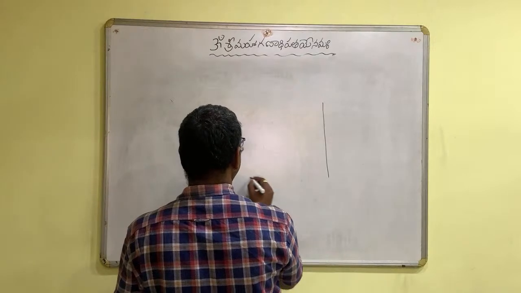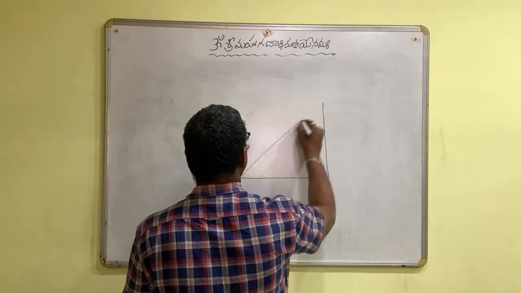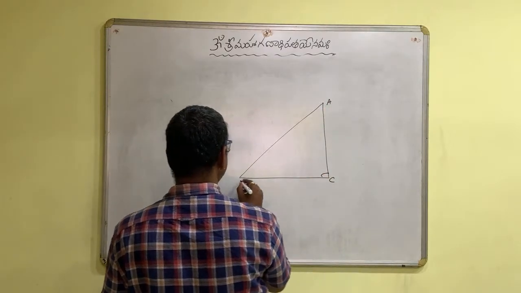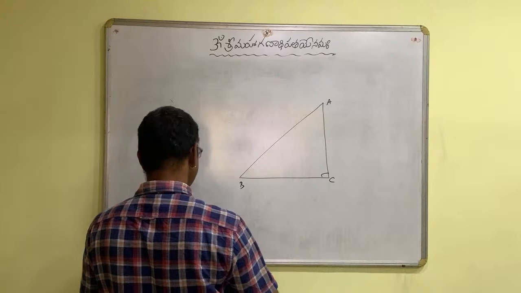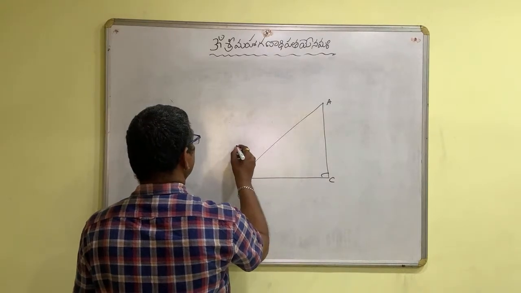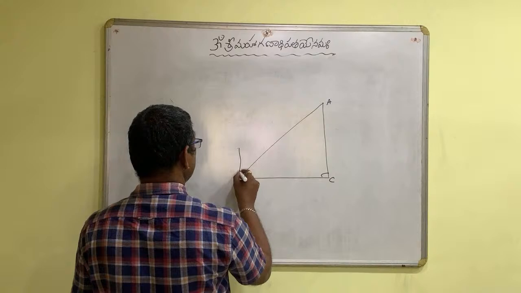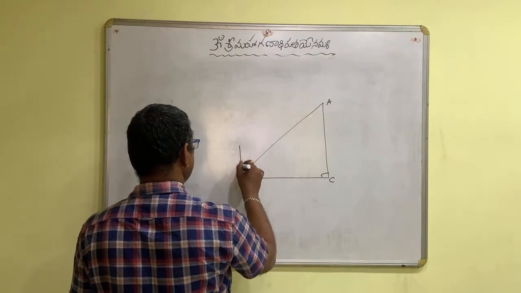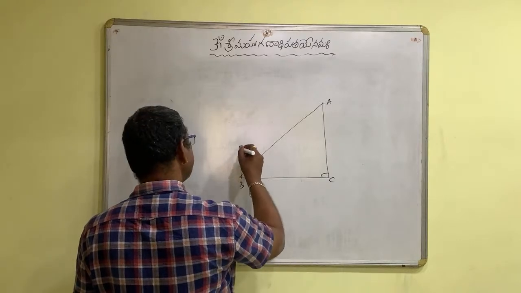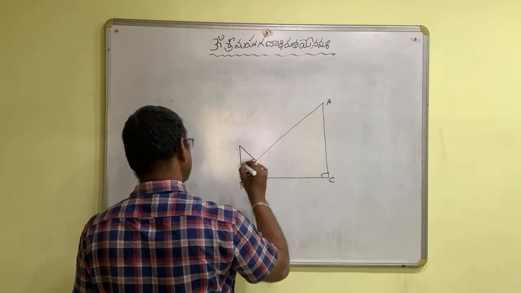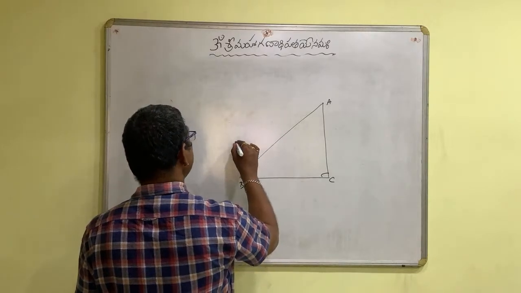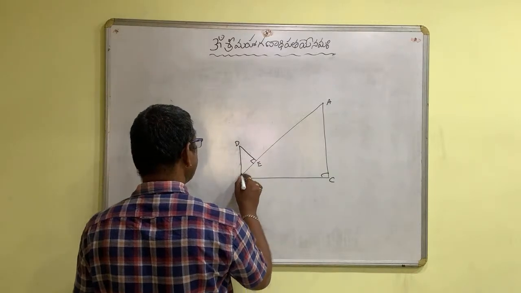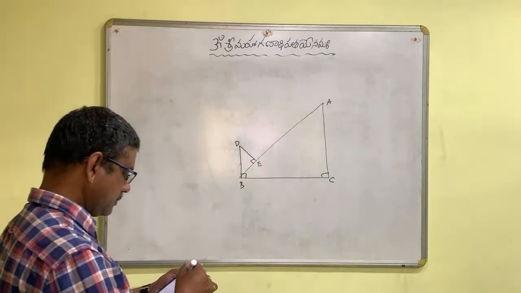See here, there is a triangle ABC, right angle at C. There is another triangle DB. Okay? This is 90. So what is it asking?